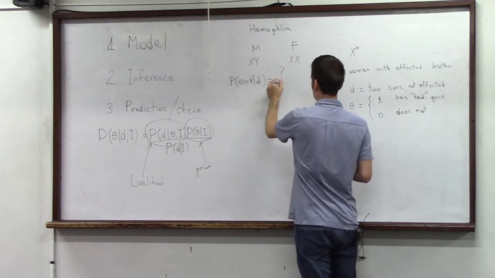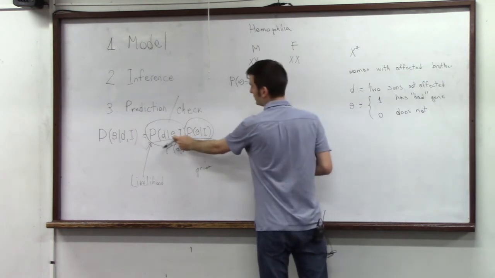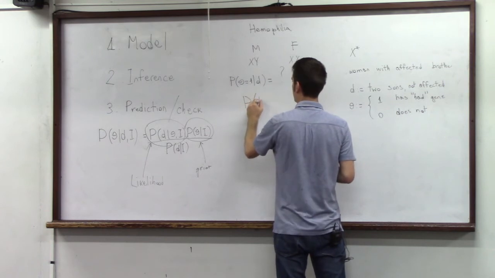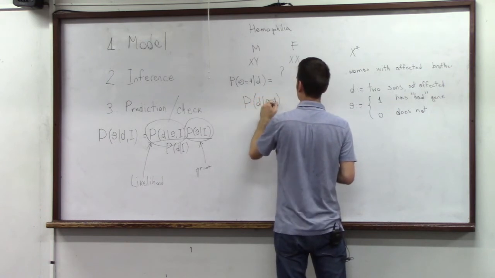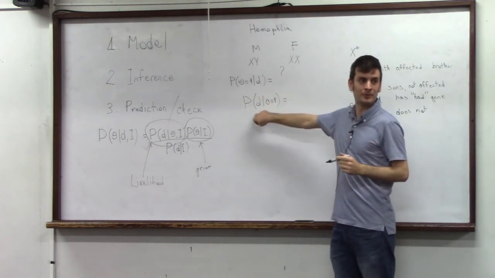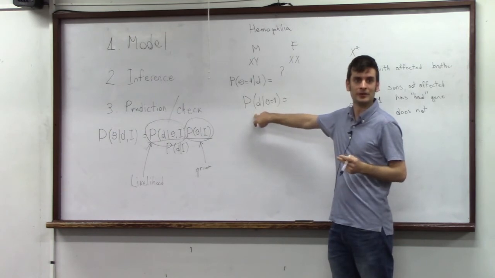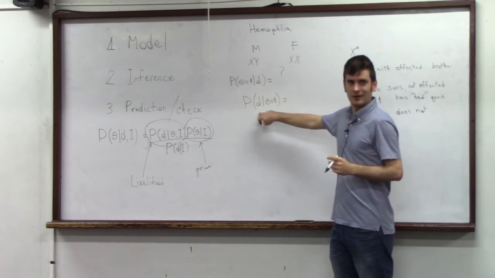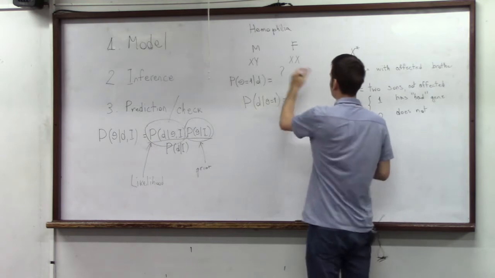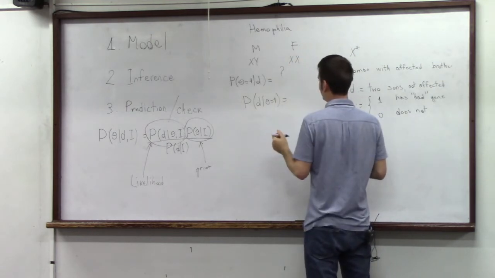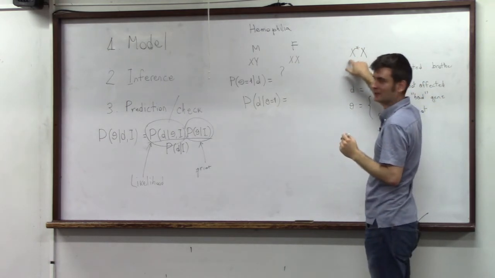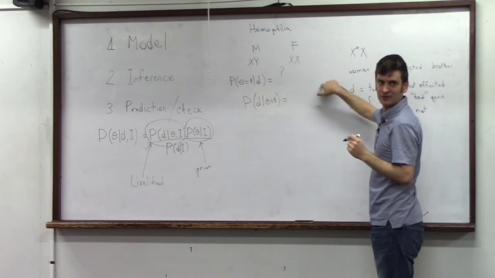And to calculate that, I need to first calculate the likelihood. Now, this reads, if she has the gene, what's the probability that both her 2 sons are healthy? So for one healthy son, she has a 50% chance of giving the bad gene to one of her sons.